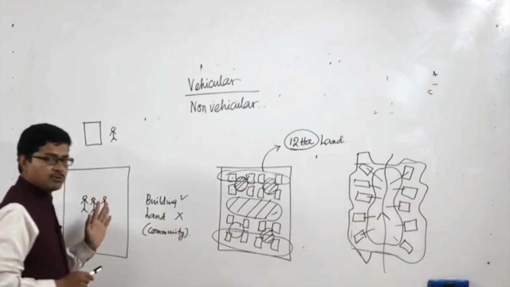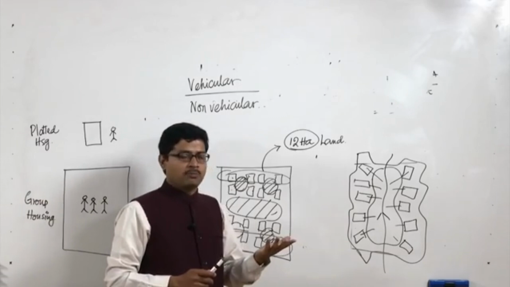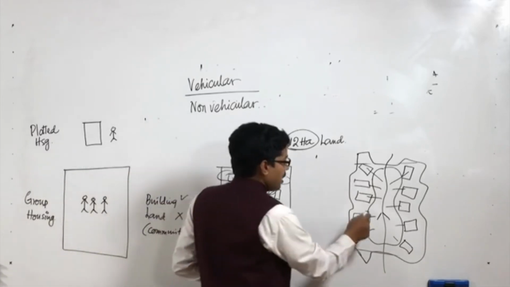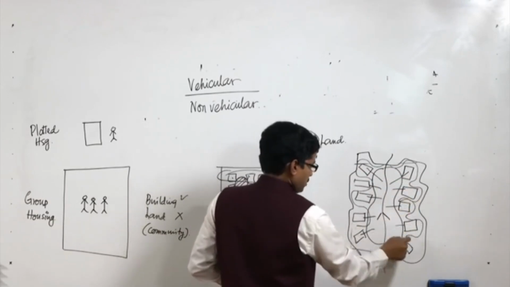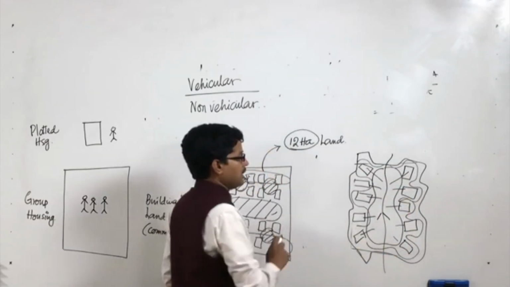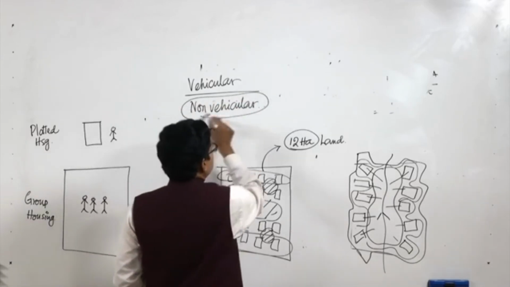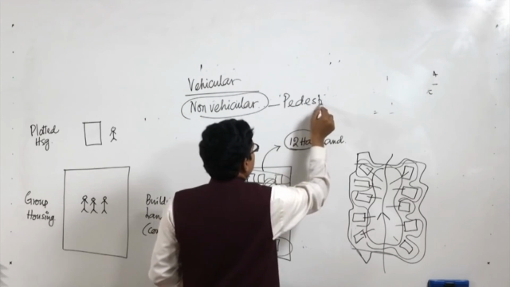But in plotted housing, everybody cannot enter the facilities in the other plot; here it is just the reverse. Everybody can go anywhere. It is a free area in the group housing context. So in this context, our objective will be the non-vehicular movement, that is the pedestrian movement.